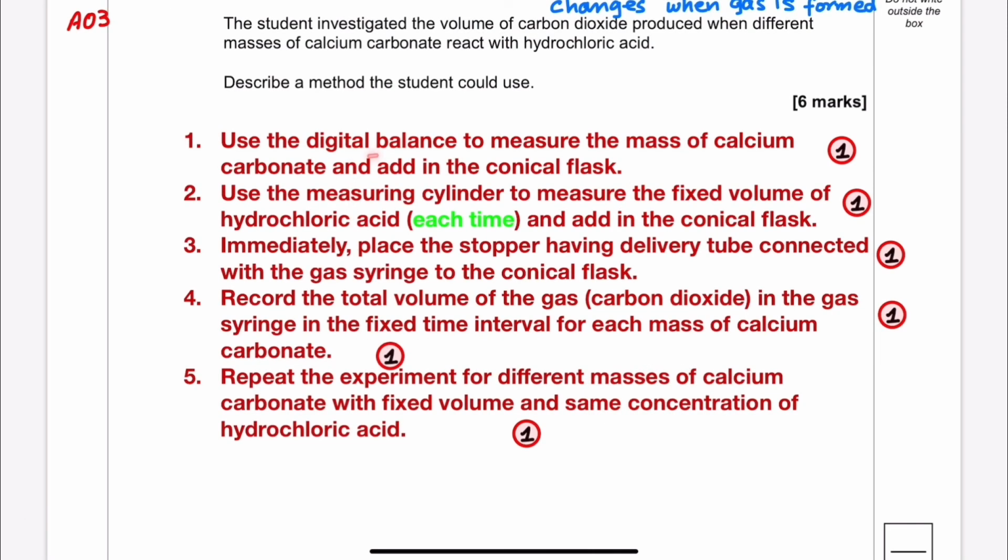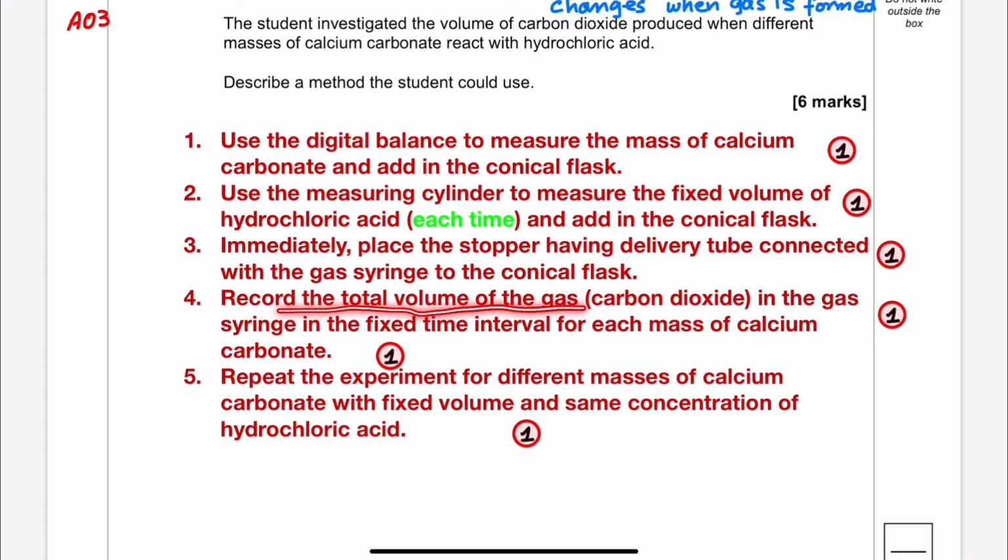Use the digital balance to measure the mass of the calcium carbonate and add it in the conical flask. Then use the measuring cylinder to measure the fixed volume of hydrochloric acid each time and add it in the conical flask. Immediately place the stopper having the delivery tube connected with the gas syringe to the conical flask.